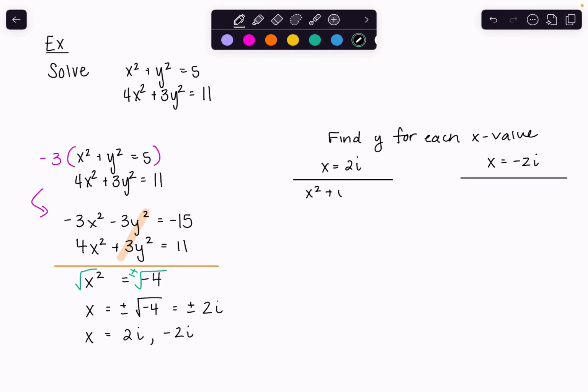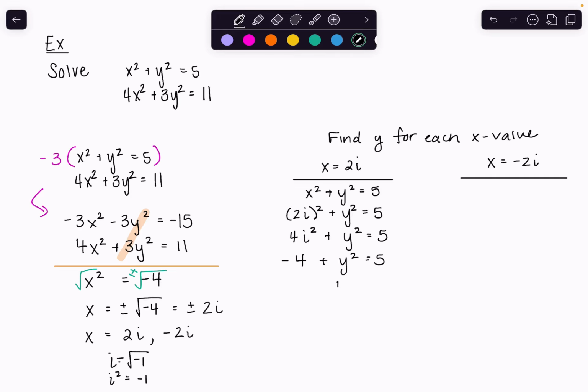So x squared plus y squared needs to equal 5. Well, x is 2i, so we're going to square that. So 2i squared results in 4i squared plus y squared equals 5. And i is the square root of -1, so i squared is -1. So this gives me -4 plus y squared equals 5.